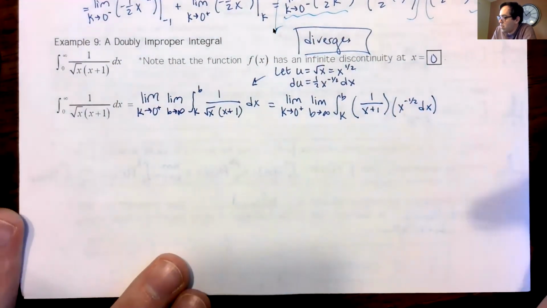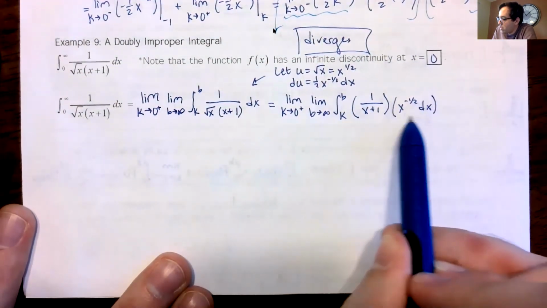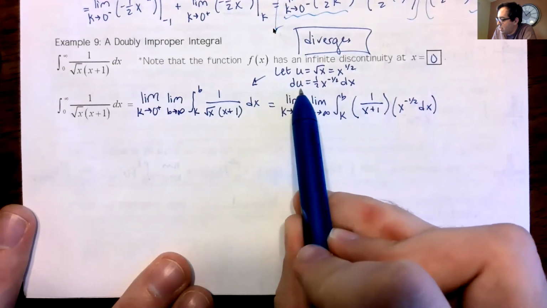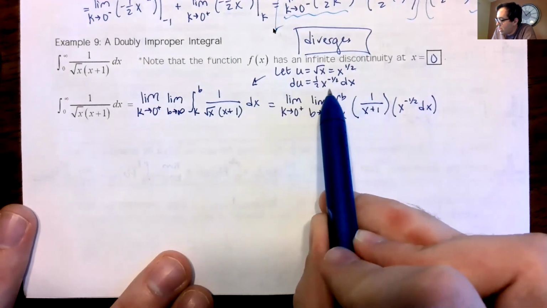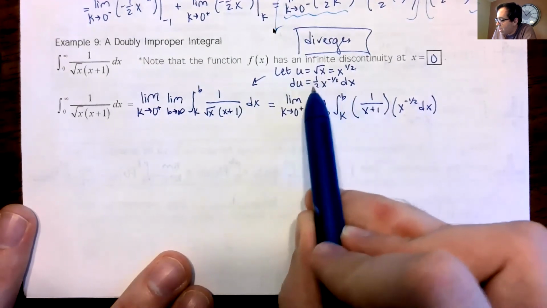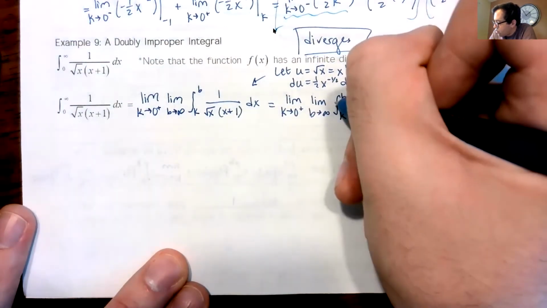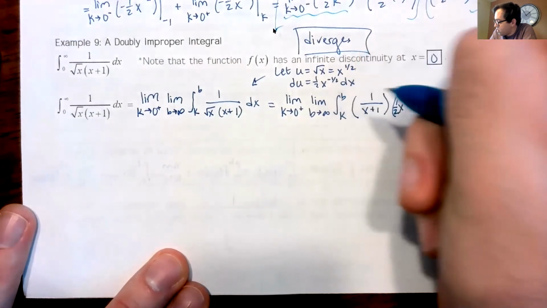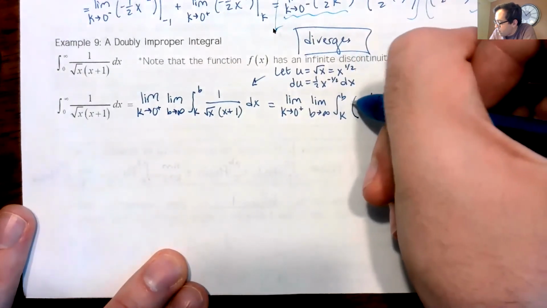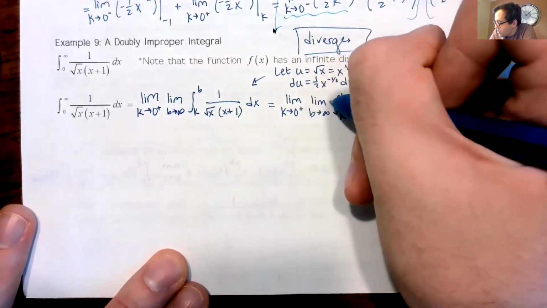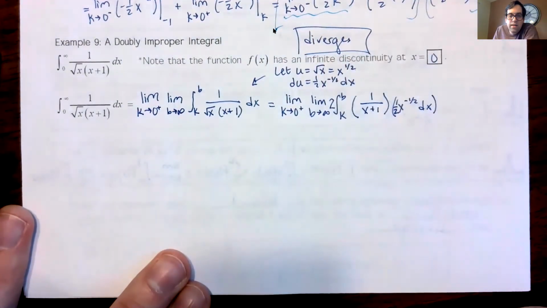So now we can see this is going to look pretty similar to my du. The only thing I'm going to change here is that I have to have a 1/2. So I'm going to plop a 1/2 in there and then pull a 2 out in front. I guess I could stick it right here. And then we are good to go.